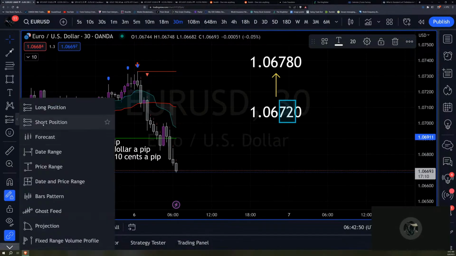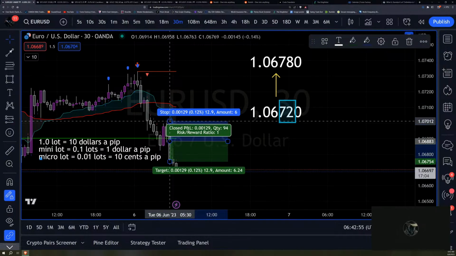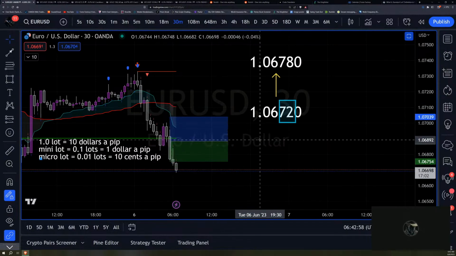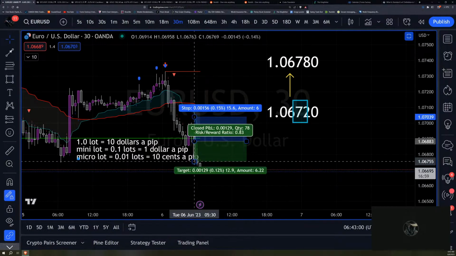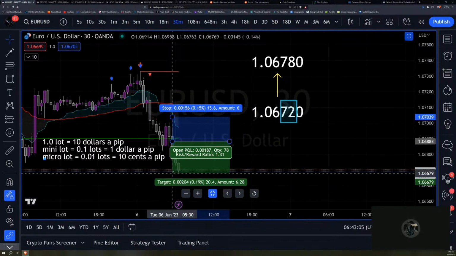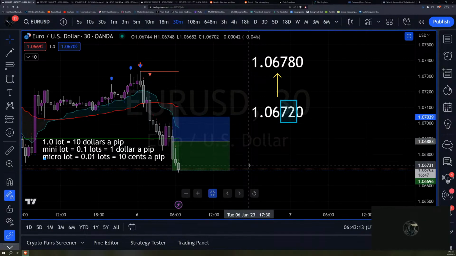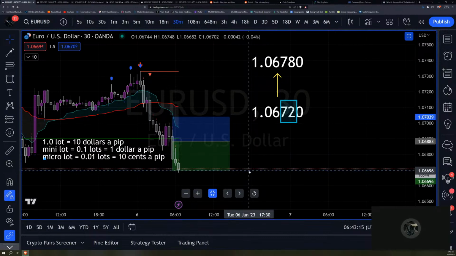Let's say that you entered a trade right here and you risked 1 lot, and you exited right here where it is. Well, price went from 1.06883, if you can see it on the far right, down to 1.06698. So let's just make it nice and neat to 693. And that means that price went down 7 pips. You were 7 pips into profit, which means you made $70 on a standard lot.